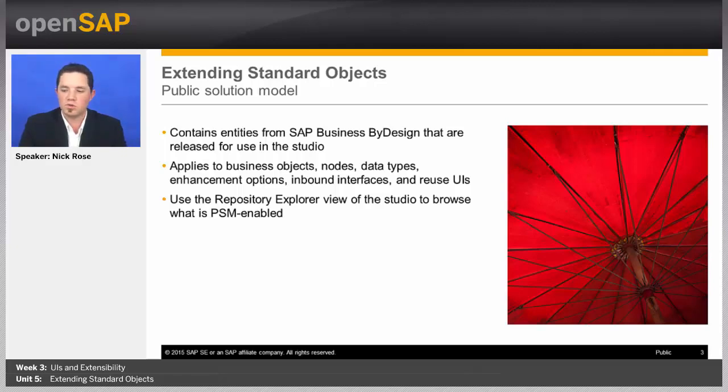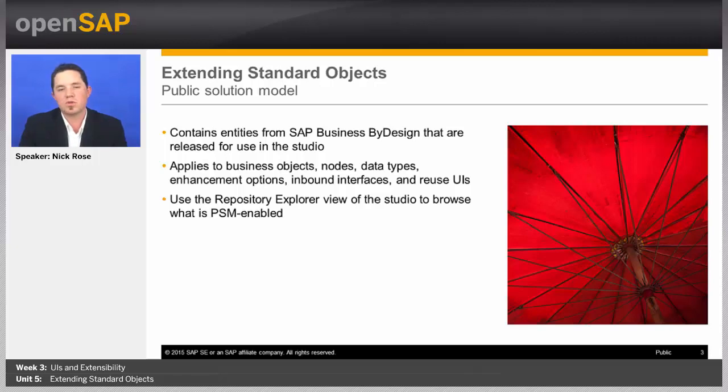This covers business objects and their nodes and data types, and it also relates to enhancement options, interfaces like web services, and user interfaces like screens. For screens and web services we don't always use the term PSM, but it's the same concept: released for us to use and modify within the studio.